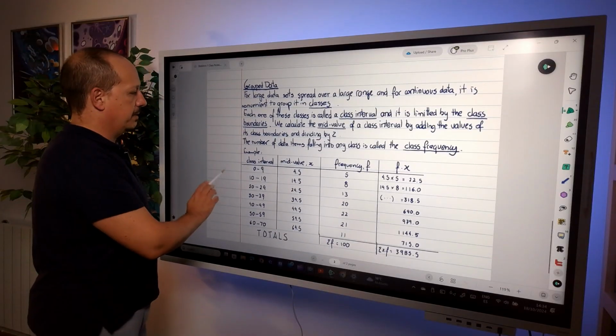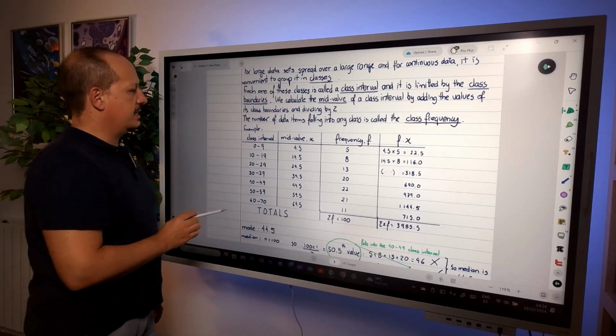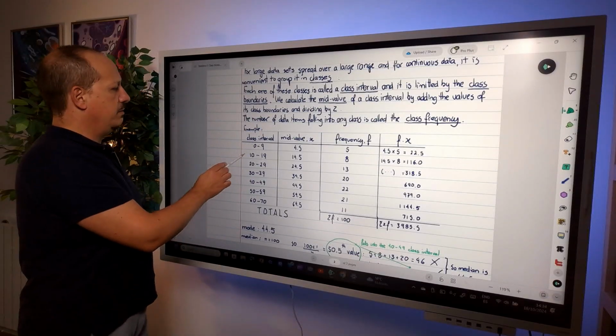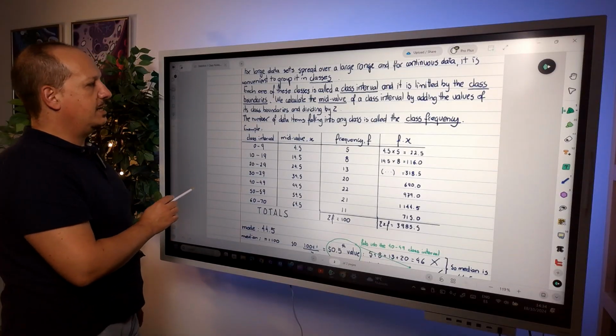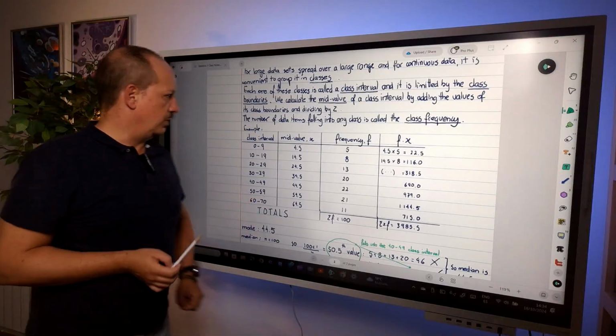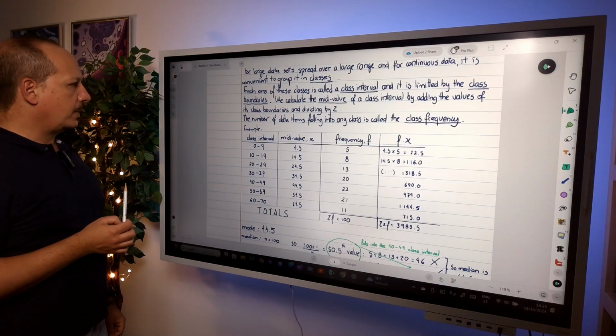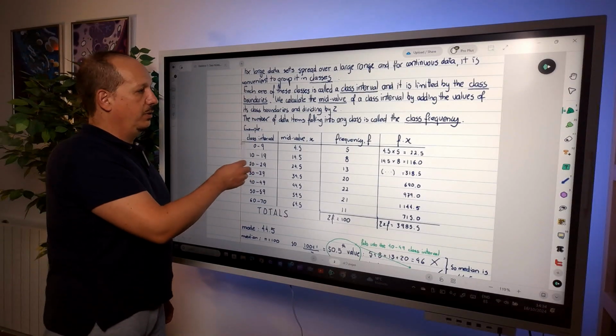So you have here an example. You have many different class intervals: from 0 to 9, from 10 to 19, 20 to 29, etc. Doesn't matter what this is, actually. So this is going to be the class interval.